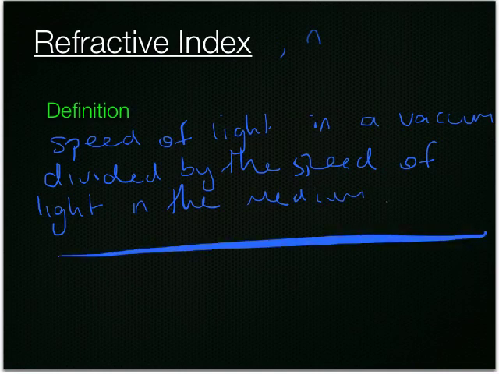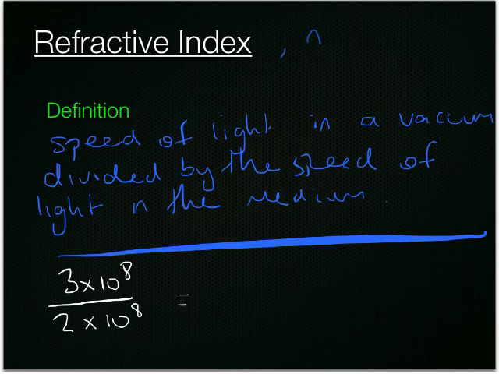Now, for example, the speed of light in a vacuum is 3 times 10 to the 8, and what you're going to do is divide it by the speed in a medium. So for example, the speed in glass is around about 2 times 10 to the 8. So what's the refractive index then for glass? 1.5.